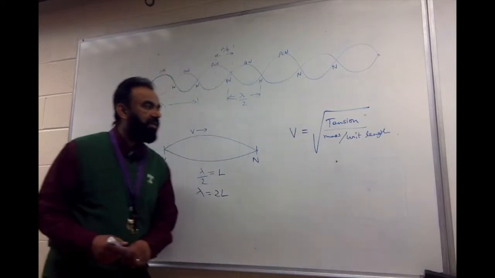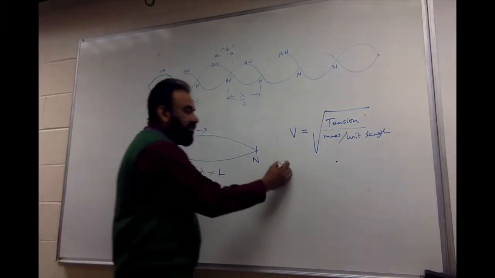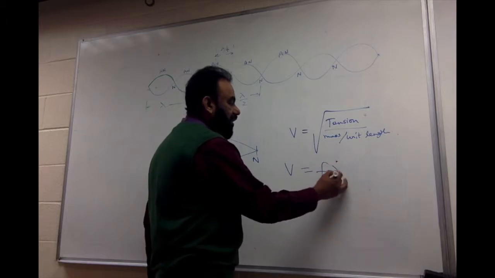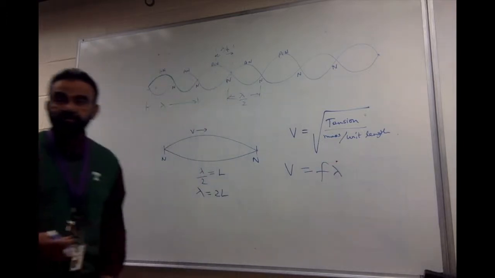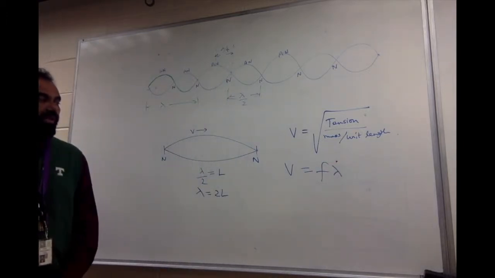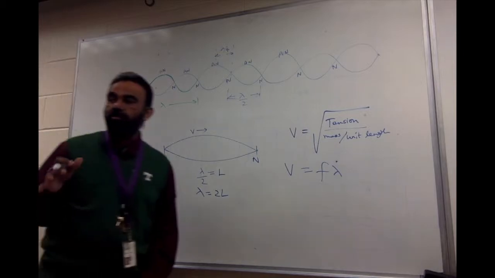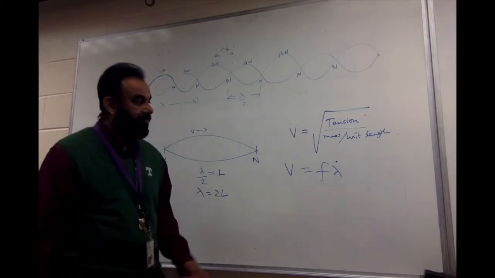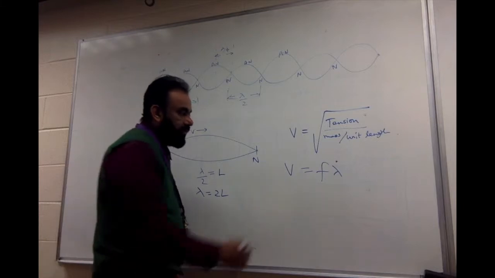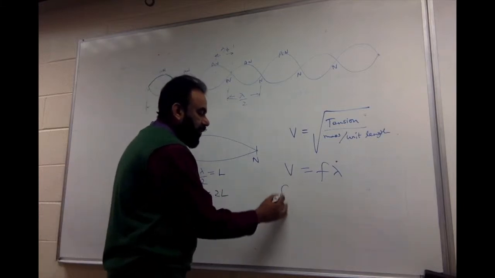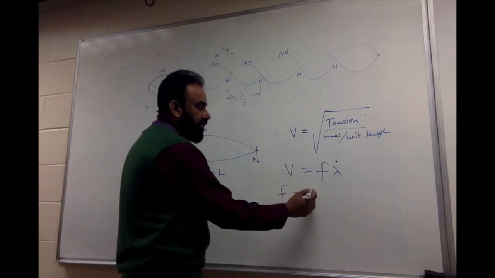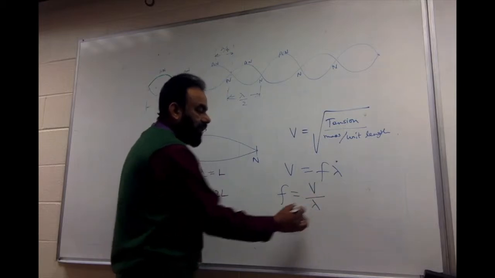So this is the speed equation, the velocity equation. And you know the velocity is equal to f lambda, that is your wave equation, where f and lambda are inversely proportional to each other. From this wave equation, what is frequency? Frequency is V over lambda.